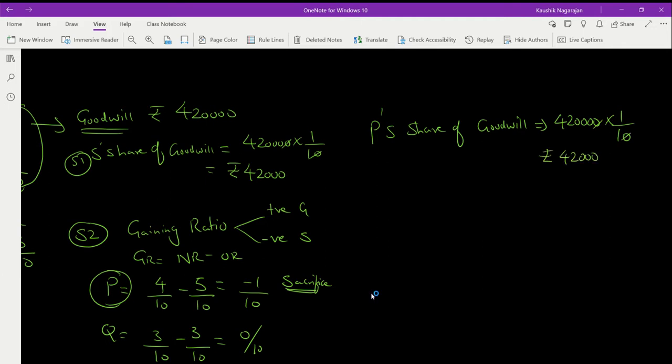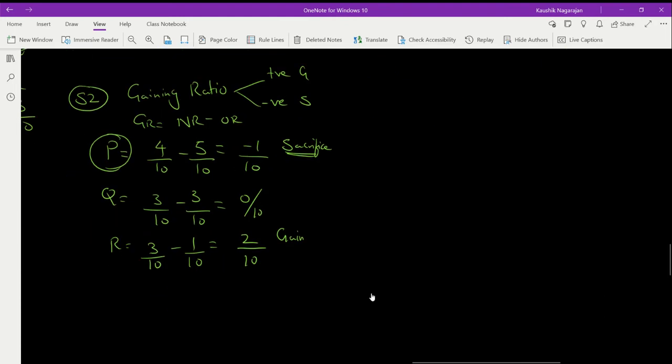For him also it comes to rupees 42,000. So now we need to frame the journal. The journal is gaining partner's capital or current account debit. Here the gaining partner is R, so R's capital or current account will be debited, followed by the retiring partner.